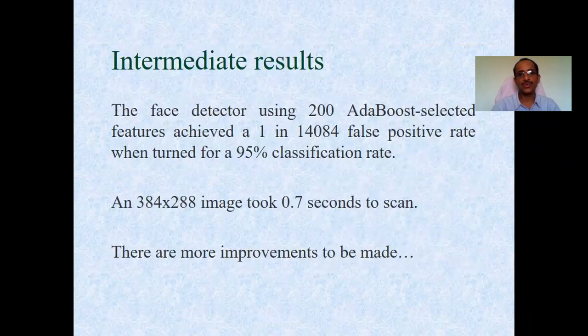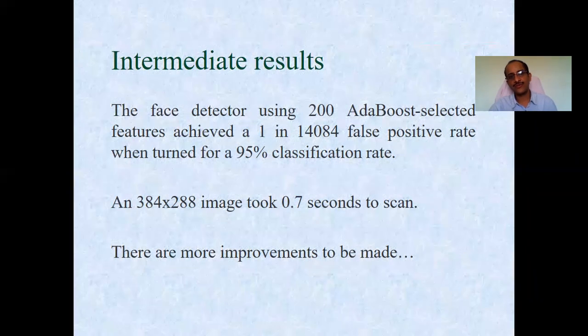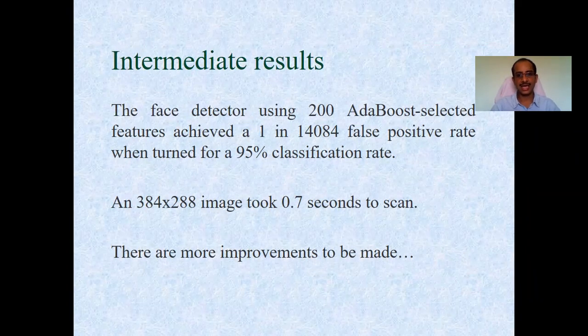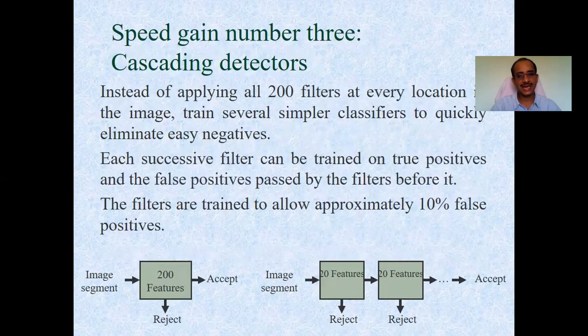And with this, they were able to reduce the number of features to 200, and this is also done in a cascaded manner. So initially they start with some 20 features, and then they have the ranking of these features based on how much error each weak classifier gives.